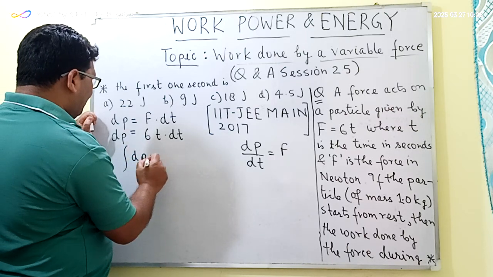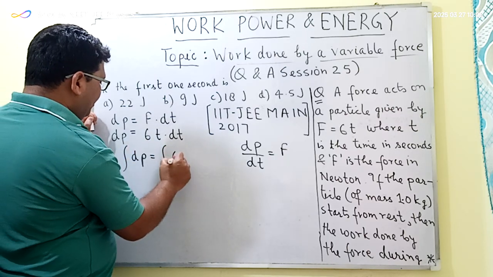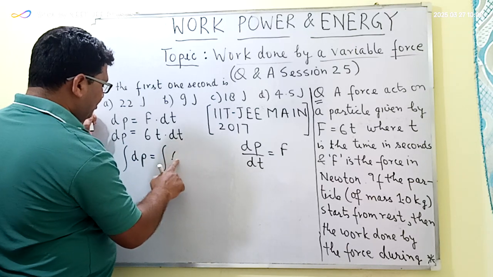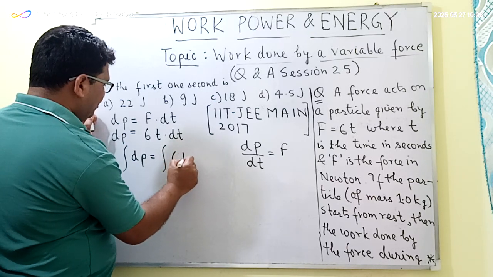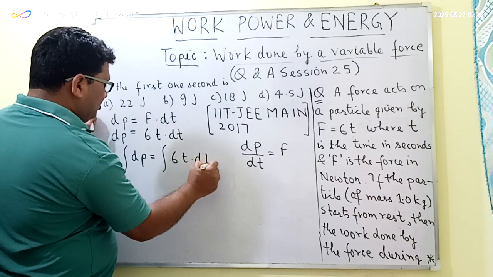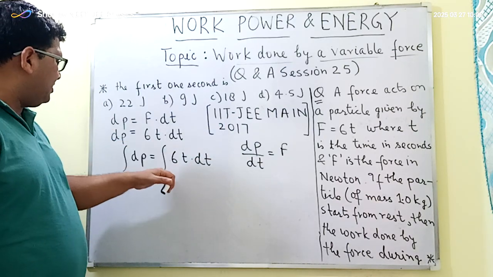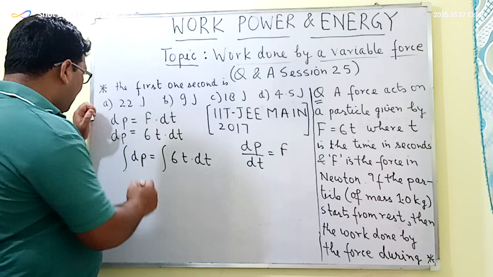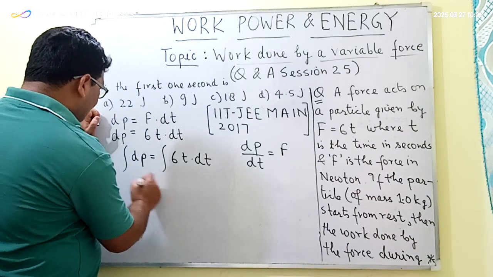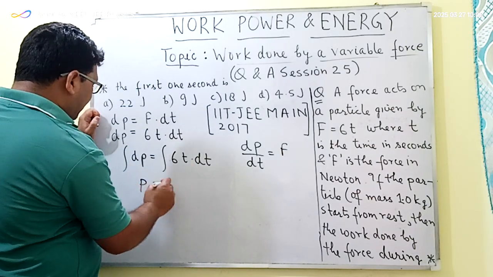So this equation can further be written as integration of dp is equal to integration of 6t dt.